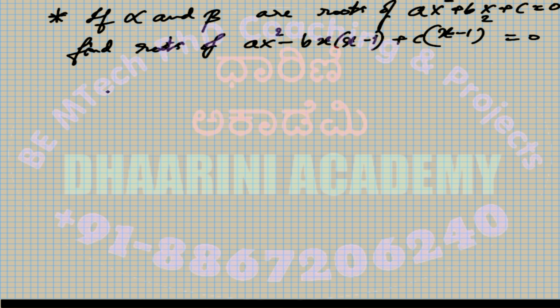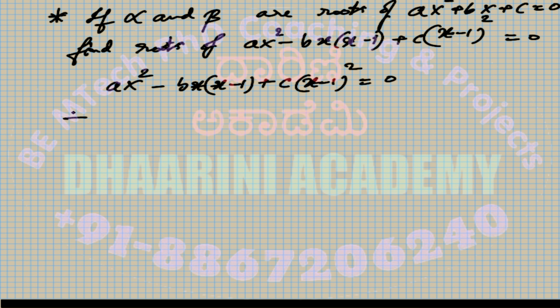So we'll start from the given equation, that is ax square minus bx into x minus 1 plus c times x minus 1 the whole square equal to 0. So what I do, I divide both sides by x minus 1 the whole square.